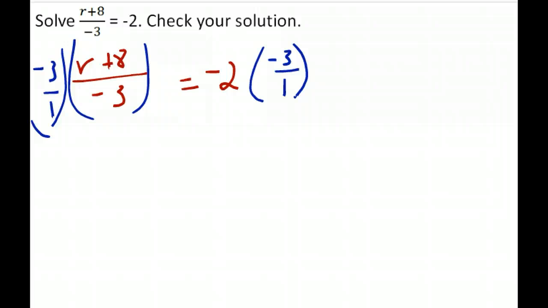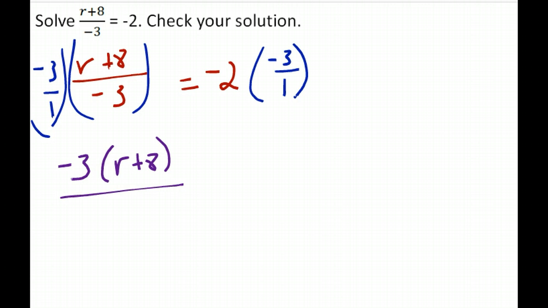That gives us, on the top of the fraction, negative 3 times r plus 8. And on the bottom, 1 times negative 3 is negative 3. On the other side, negative 2 times negative 3 is positive 6 over 1. The good thing is negative 3 in the top of a fraction and negative 3 in the bottom of the fraction cancel out.